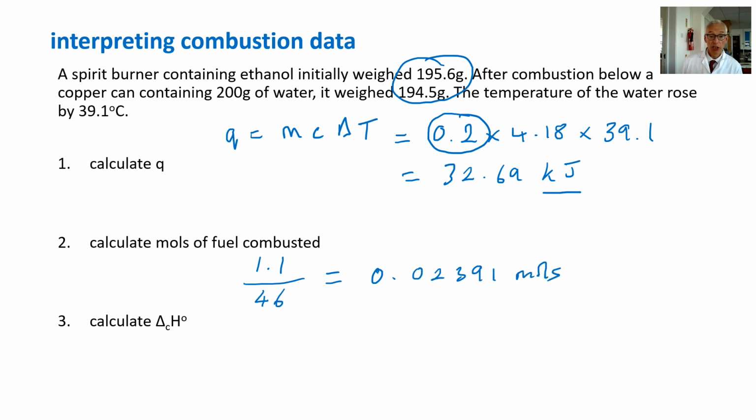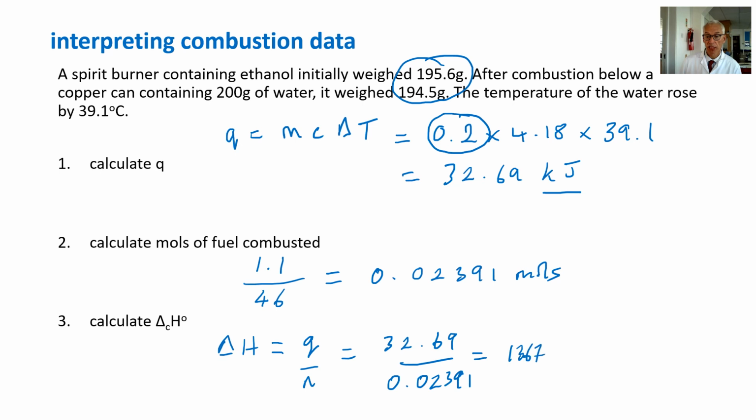So delta H is a molar quantity, so delta H is going to be, if you remember, Q divided by n, so 32.69 divided by 0.02391, it's going to come out as 1367 kilojoules per mole.